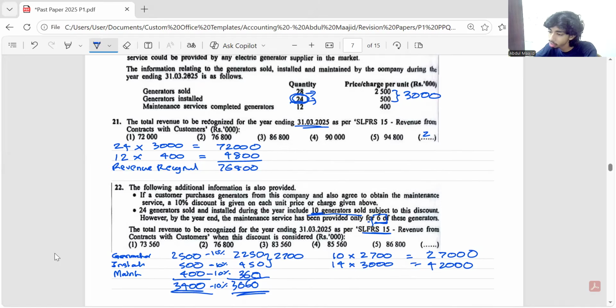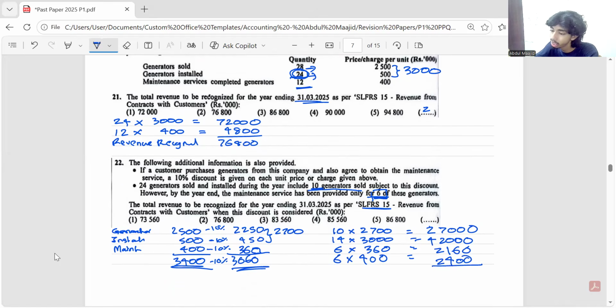And out of the maintenance service provided, only six have been given with the discount. Then 6 into discounted price of maintenance 360, that will be 2,160. And then for the remaining 6, totally we have given 12 maintenance services. Remaining 6 you will give at the normal price of 400. So 400 into 6 will be 2,400.